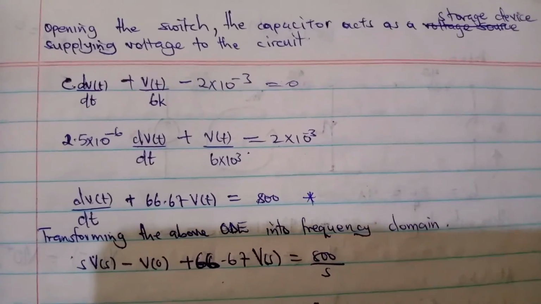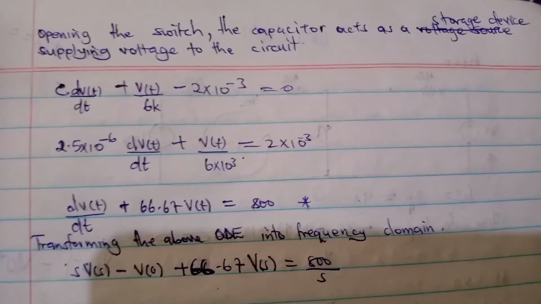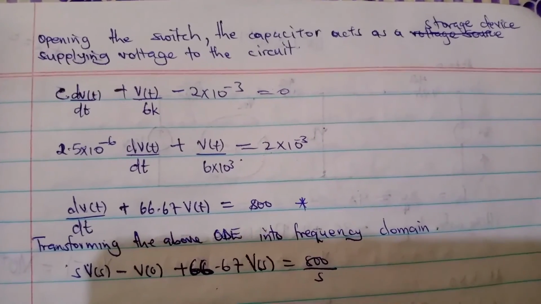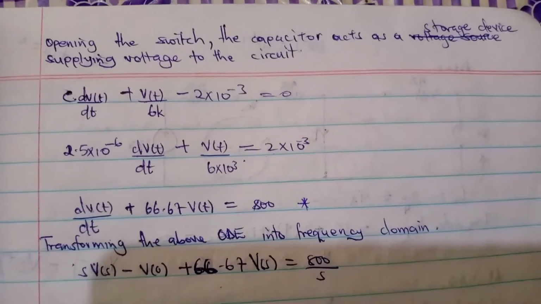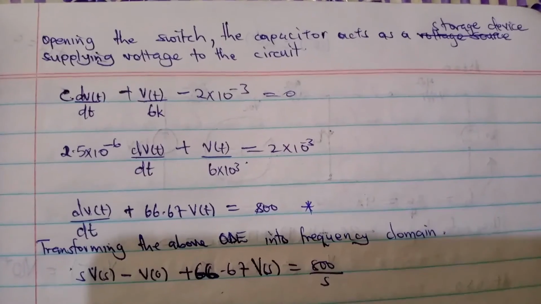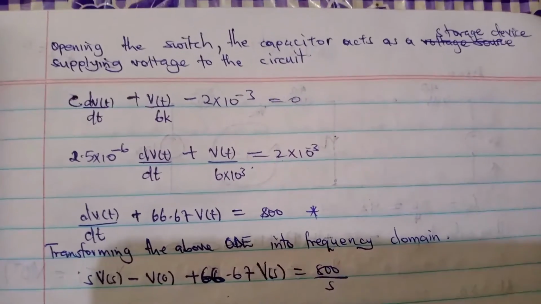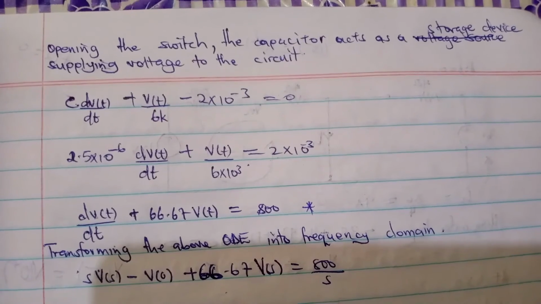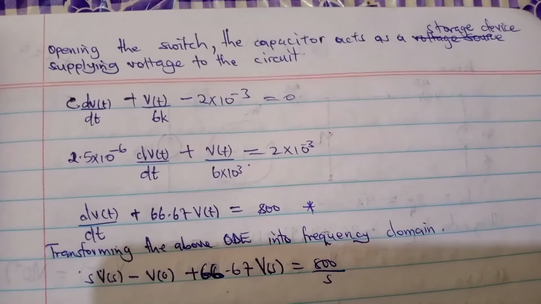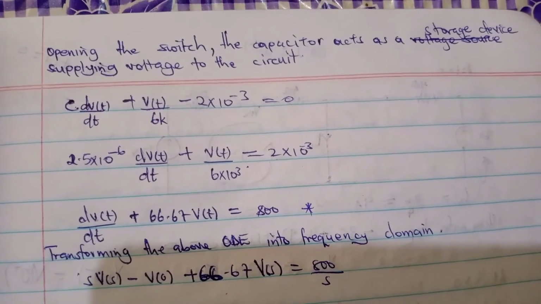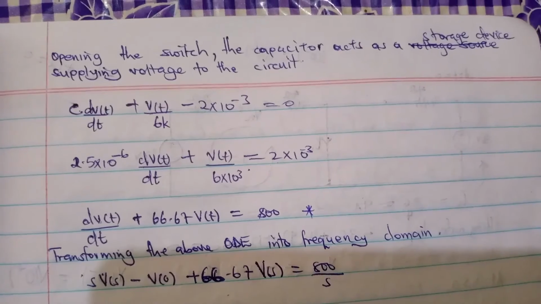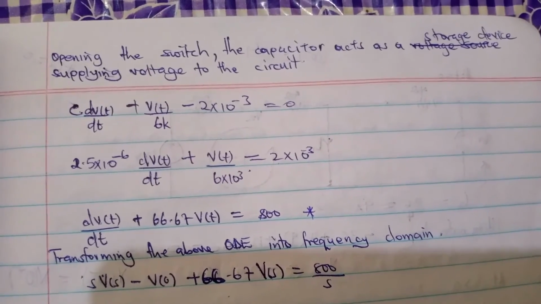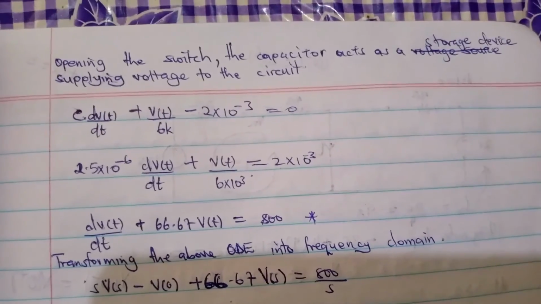As I said, opening the switch, the capacitor acts as a voltage source or a voltage device, supplying voltage to the entire circuit. Therefore, the current through the capacitor plus the current through the 6 kilo ohm resistor, plus the current source, we are adding the currents algebraically.